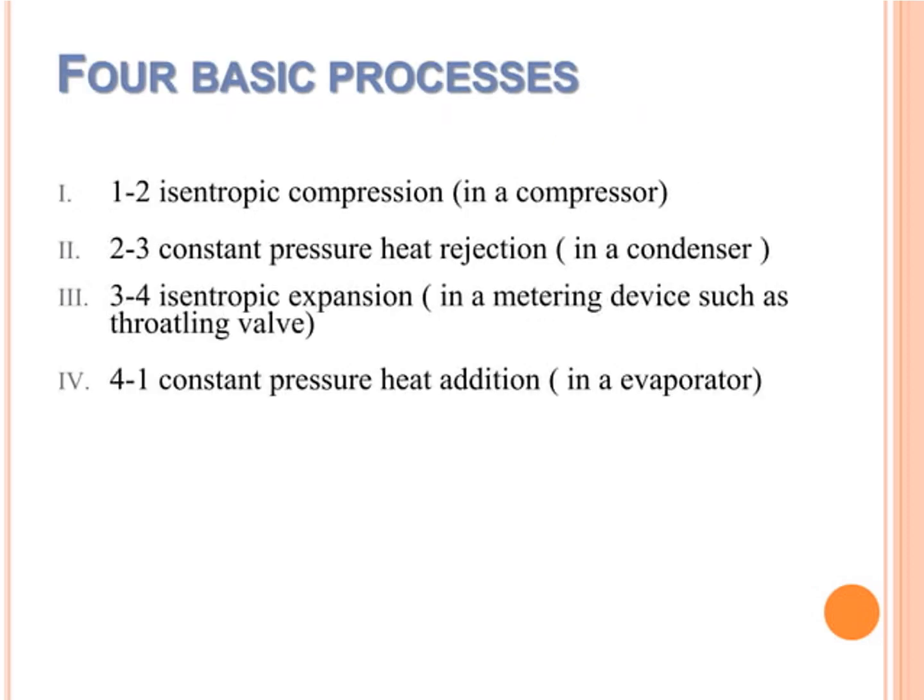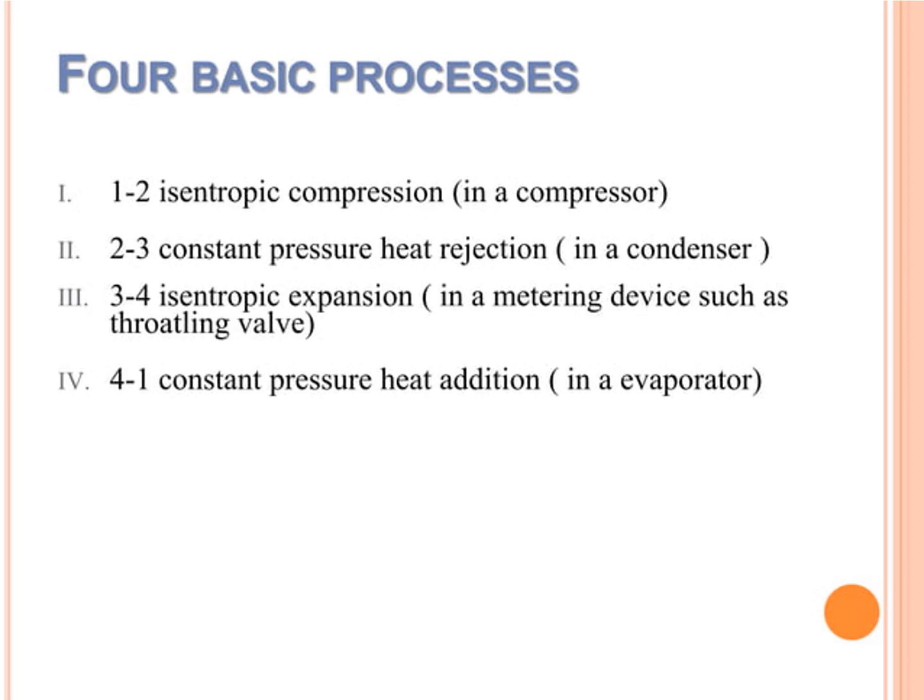Going to the process, there are four basic processes in a refrigeration system. First to second is isentropic compression, that is in the compressor. Second to third is constant pressure heat rejection, that is in the condenser. Third to fourth is in the throttling valve, that is isentropic expansion.